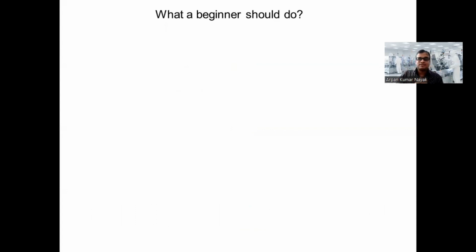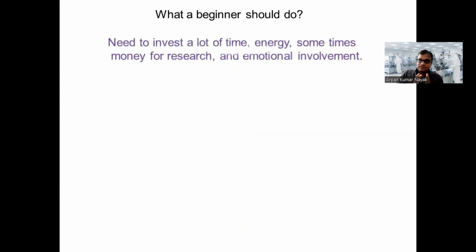The first point a new researcher or beginner should follow is that they have to spend, devote or invest a lot of time. At the same time, the researcher should devote a lot of energy, and sometimes researchers also invest their own money for the research.